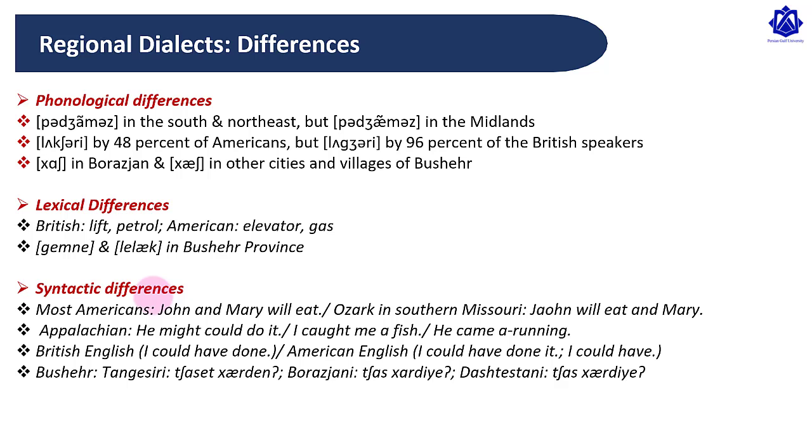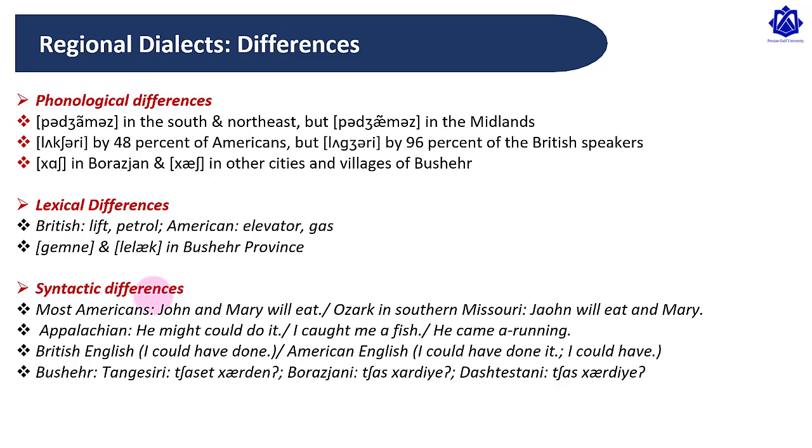Besides phonological differences, the dialects might differ from each other in the words that they use. For example, in British English, lift is used, but in American English, elevator is used. In British English, petrol is used. In American English, the same thing is called gas.